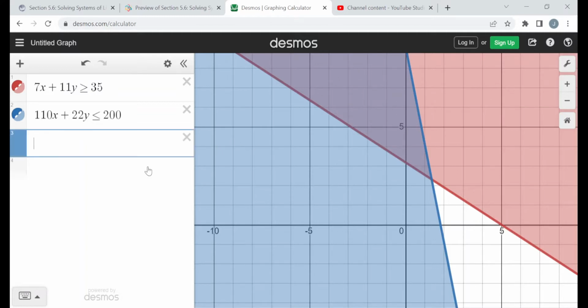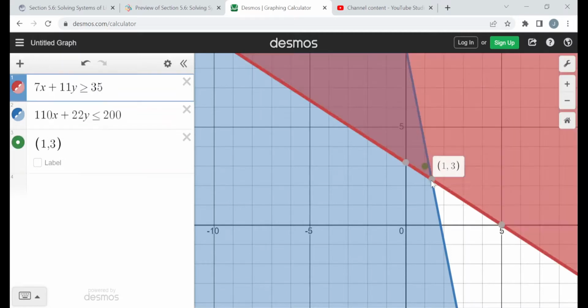And then the question was, could she eat 1 ounce of cheddar and 3 ounces of Parmesan? Ooh, it is in the region. So my hand drawing was terrible. You see (1, 3) there? That is in the overlapping region. And you can even see where they meet.